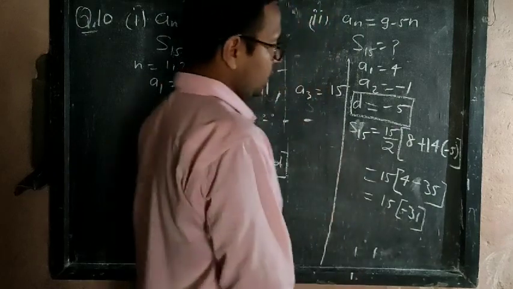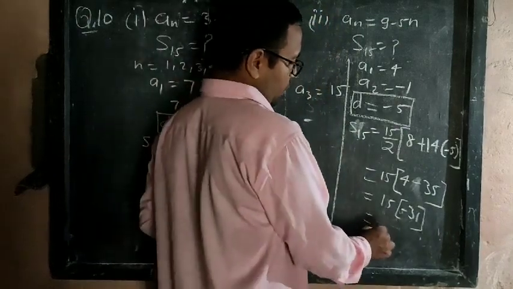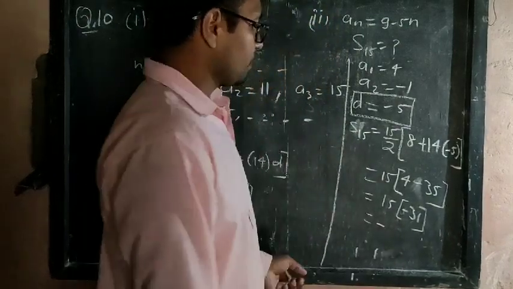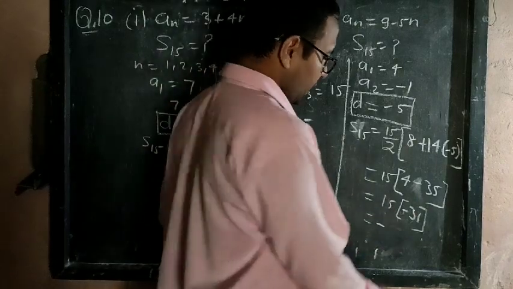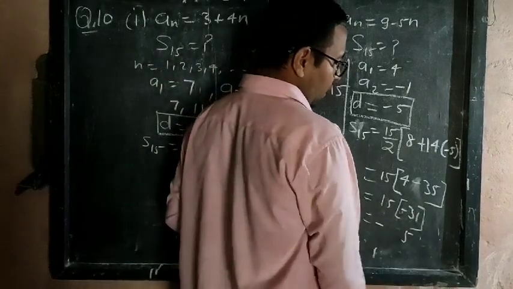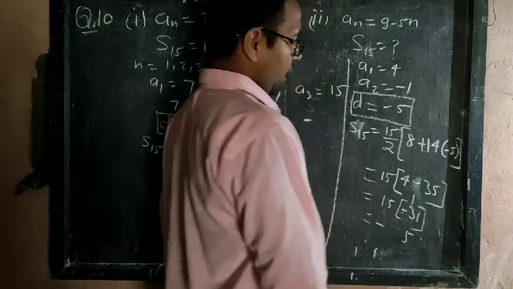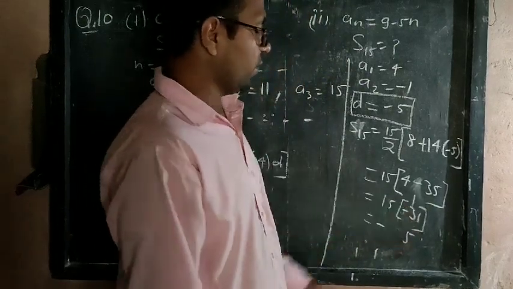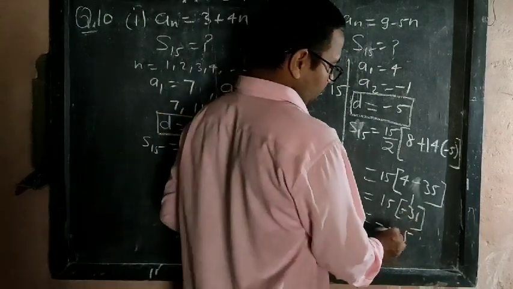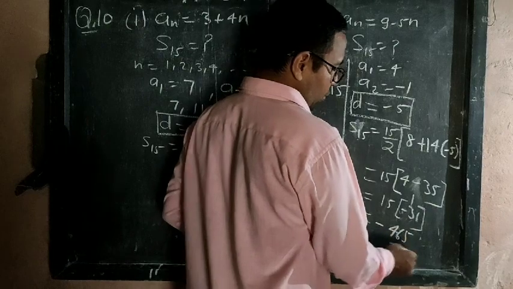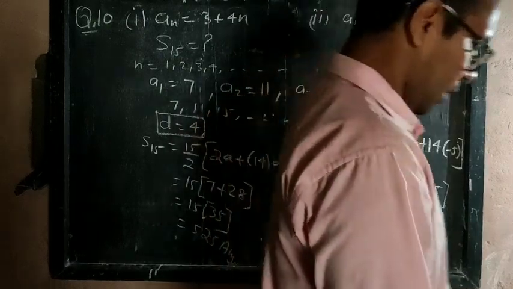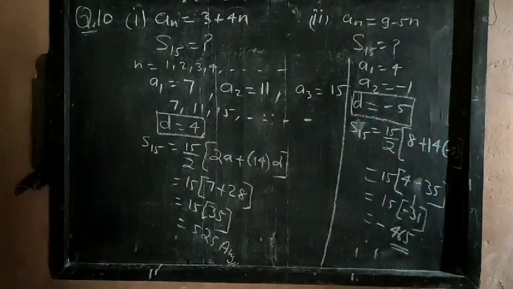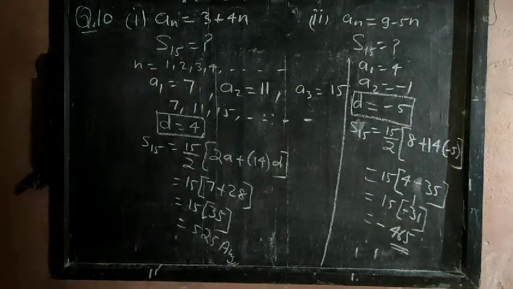So now students, we will get a negative sign. So 15 times 1 is 15, 5 and carry 1. Again 15 times 3 is 45, 45 plus 1, 46. So 465 we are getting as our answer. So minus 465. So this much is our answer.